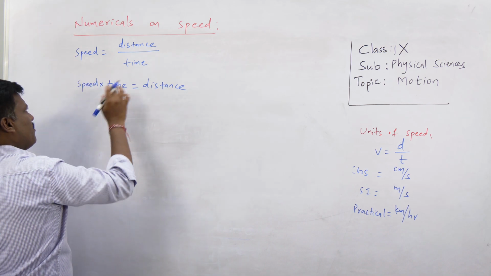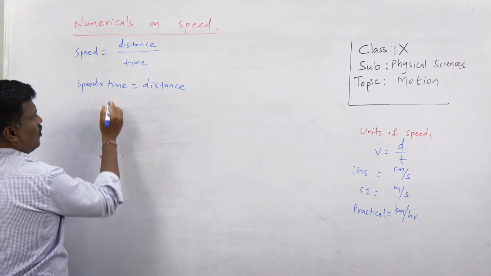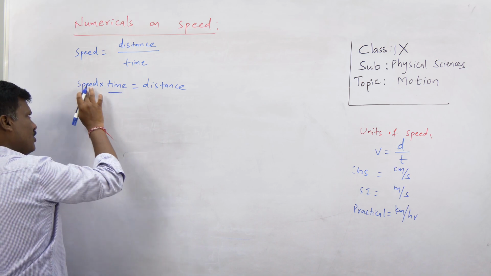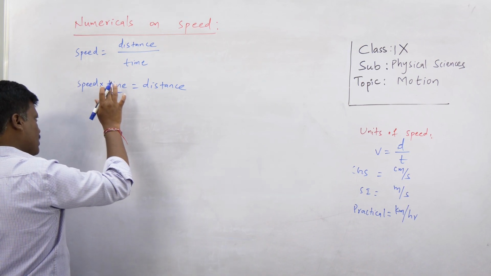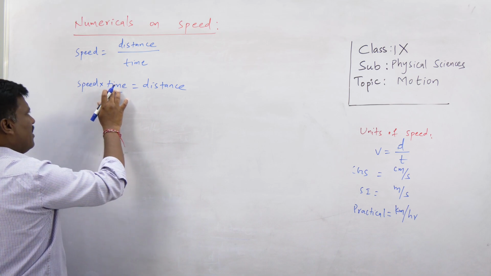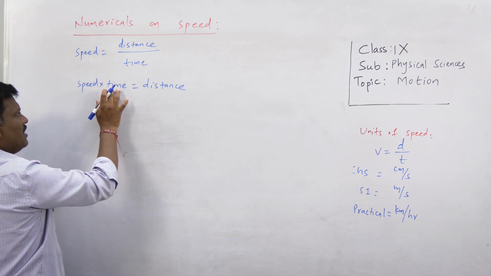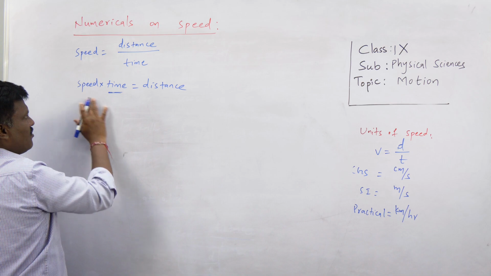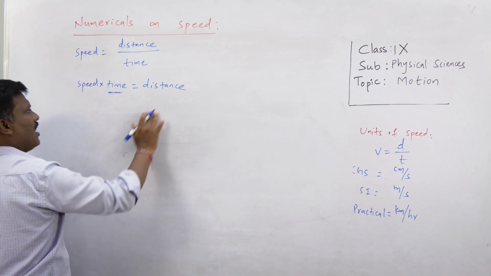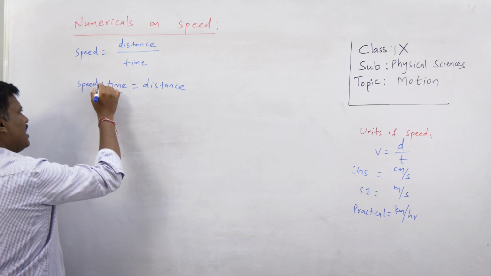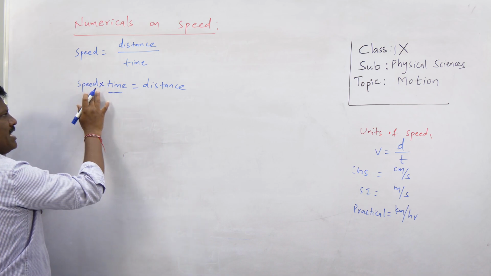Sometimes time is asked. They will give you the speed value and the distance value, and ask you to calculate the time. The quantity which is to be found should be on the left side. The other quantities related to it we have to transpose from LHS to RHS. Here speed and time are multiplying each other, so speed is a multiplier of time.